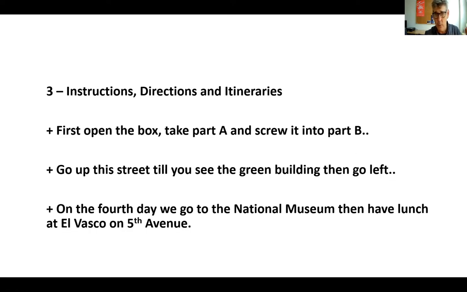At like 10 o'clock, you have to be at the top of the mountain. At 12:30, you're going to have a lecture halfway down at the cafe, whatever. This is your itinerary. All right.